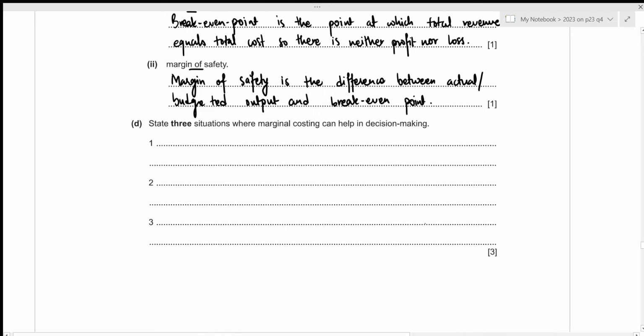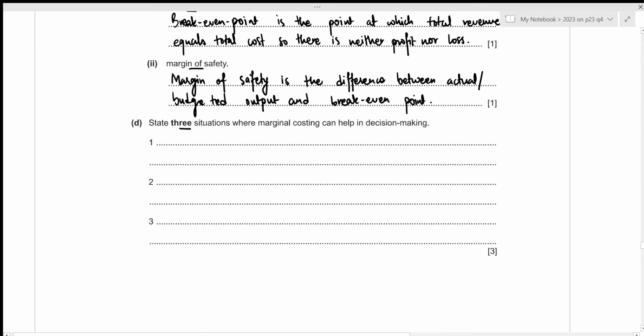Okay, now we need to state 3 situations where marginal costing can help in decision making. So the first situation would be a make or buy decision, in cases where we can compare the cost of buying in the goods for resale to the cost of producing the goods on our own. And it only incorporates all of our variable costs. That is why marginal costs can help in that particular situation. So make or buy decisions.